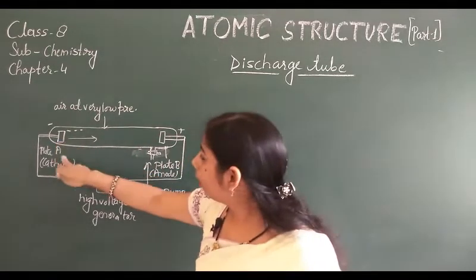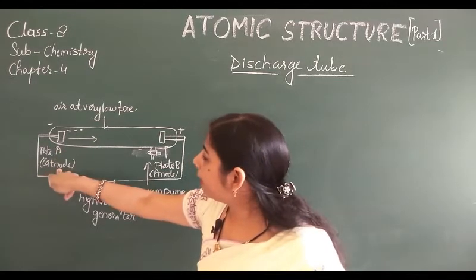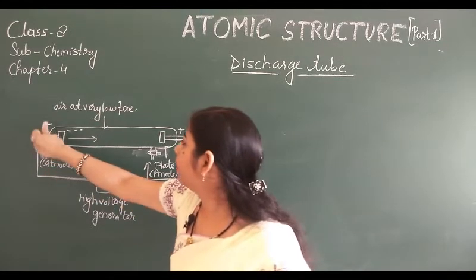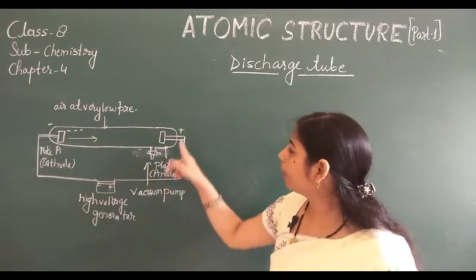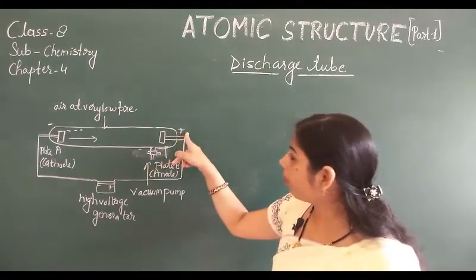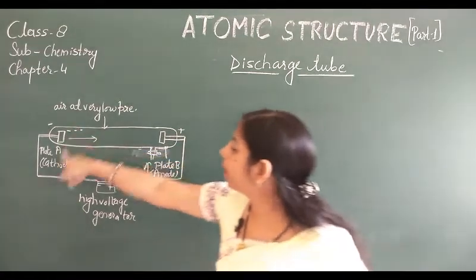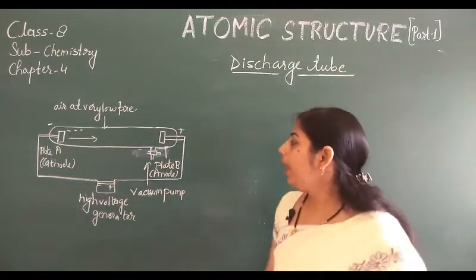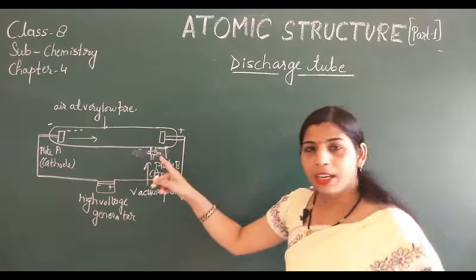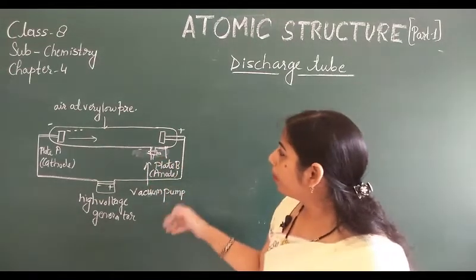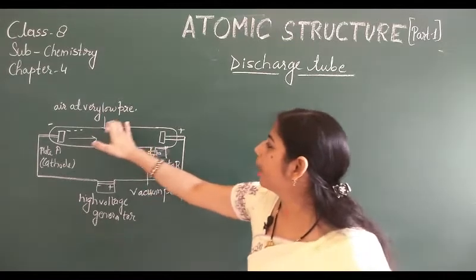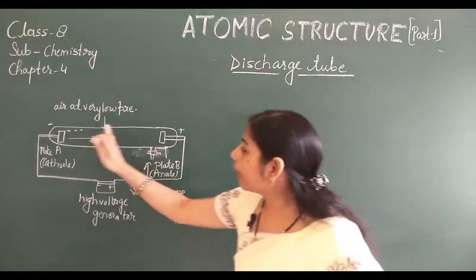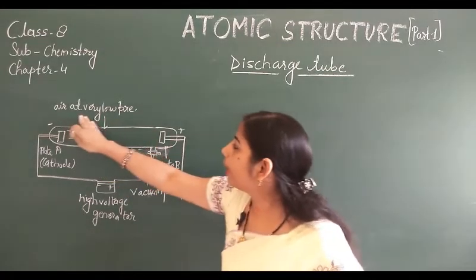Plate A is the cathode with negative charge, and plate B is the anode with positive charge. That means on this side the positive charge is the anode and the negative charge is the cathode. Here a vacuum pump is there, and with the help of the vacuum pump, a vacuum is created inside the discharge tube. When the vacuum is created, that means the air is at very low pressure.